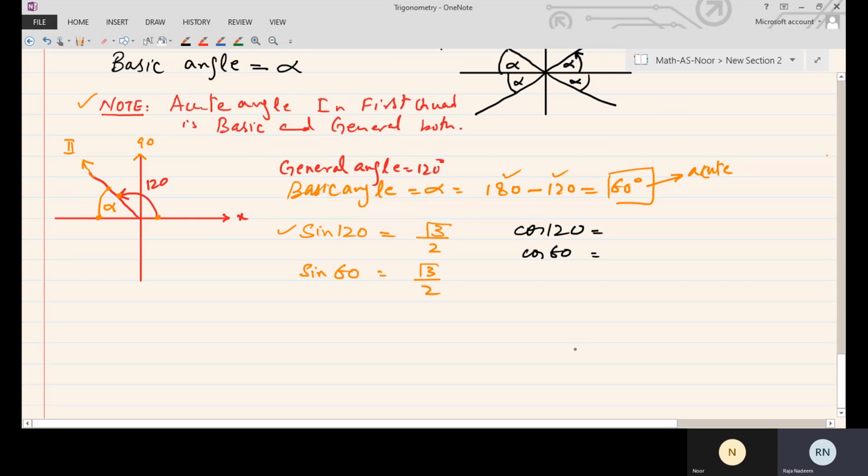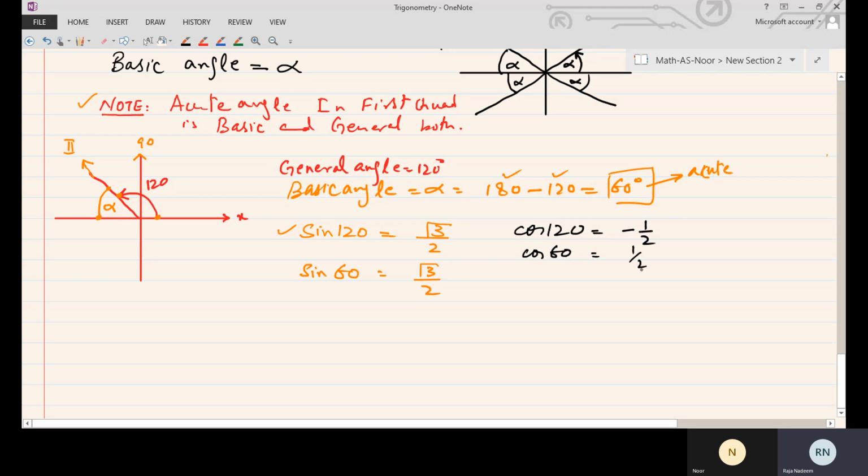Convert into degree because we are considering the angle in degrees. Negative 1 over 2, and what is cos 60?